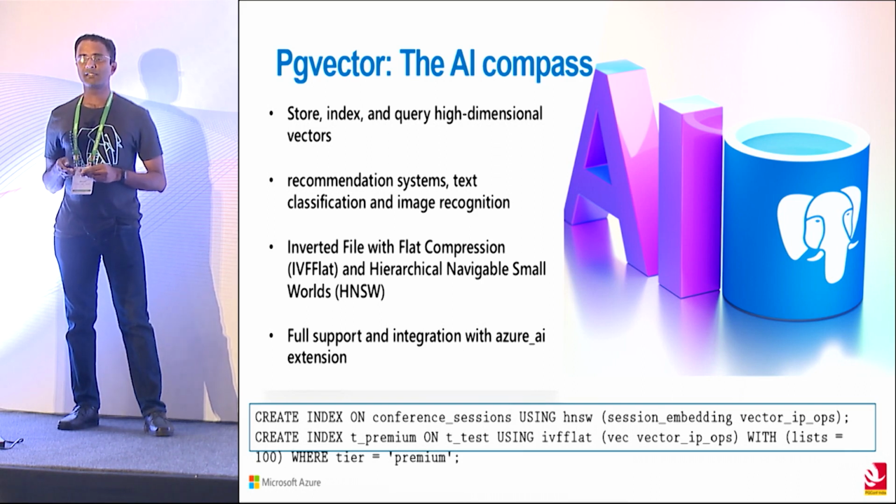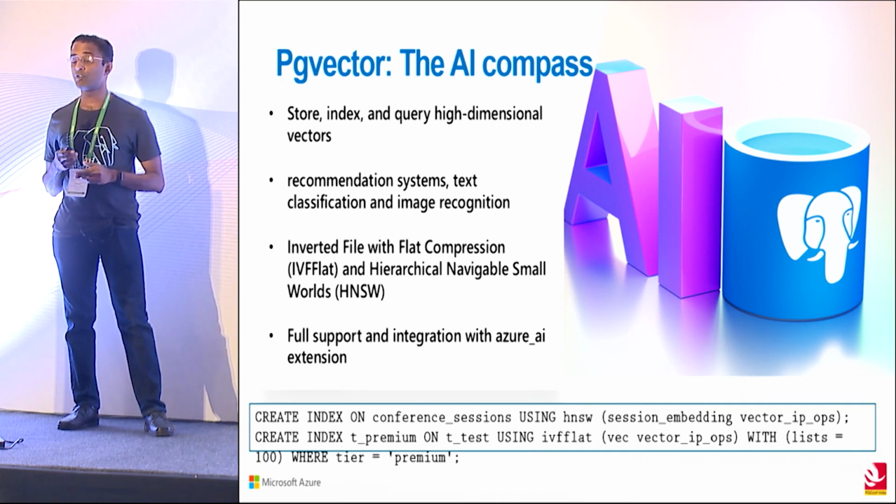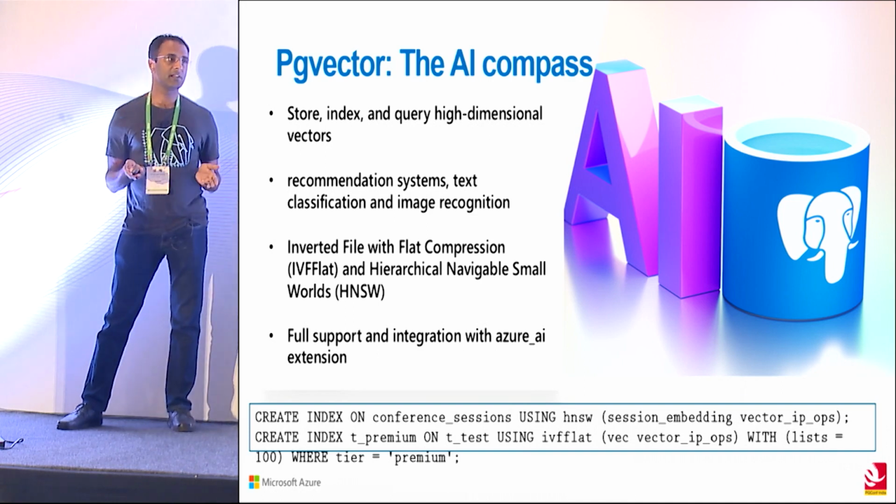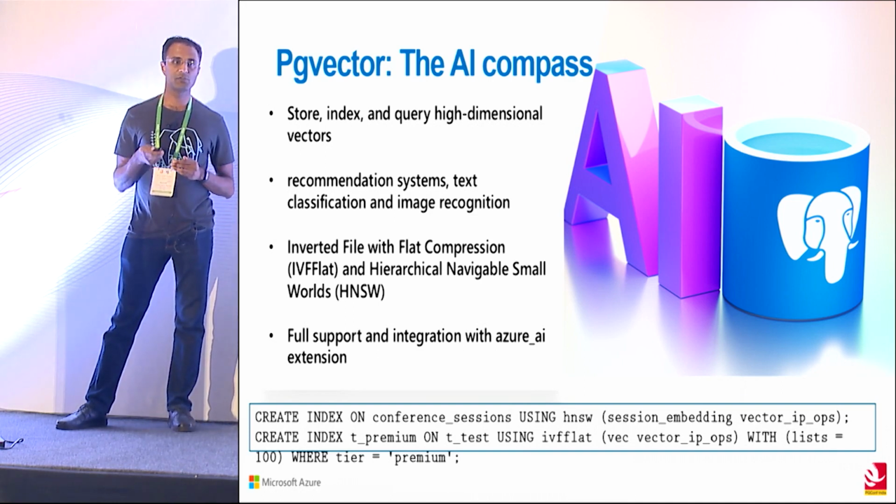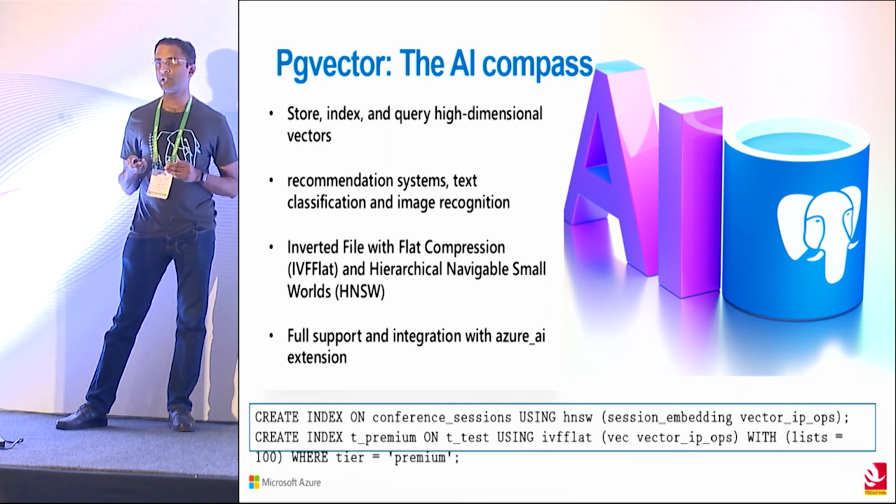When it comes to indexing, the two most popular types of indexing used with vector data are the inverted file with flat compression, or IVFFlat, and hierarchical navigable small worlds, or HNSW. Both of these, as with the previous two indexing methods, depend upon the type of your data, and you can choose either of these indexing methods.